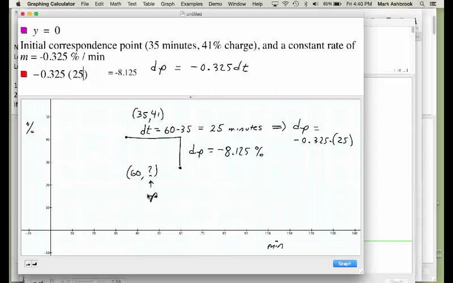So what's the new percent of the battery? Well, at 35 minutes it was 41, and then as the time changed from 35 to 60, the percent went down 8.125%. So this P is going to be that starting value of percent, 41, plus the change, or minus 8.125.